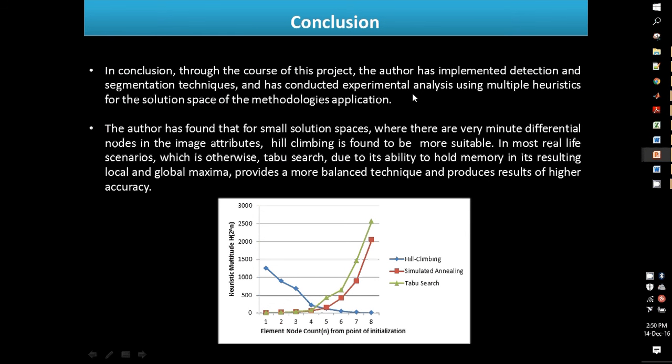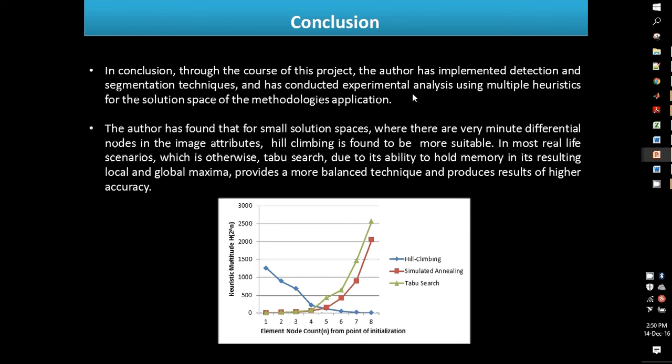Now, let us look at this final image. We can notice that at the small elemental nodes, hill climbing is at its highest peak in comparison with simulated annealing and taboo search. This is because at those elemental nodes, it's a very small solution space and the heuristic multitude therefore goes high because of its capability to cover all nodes in a much quicker time than the other two.